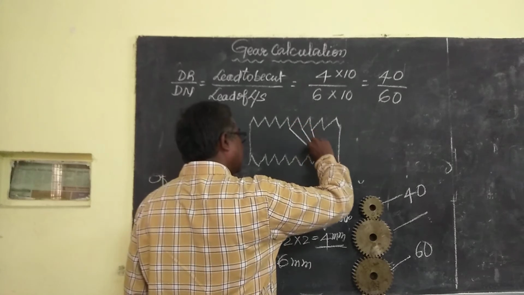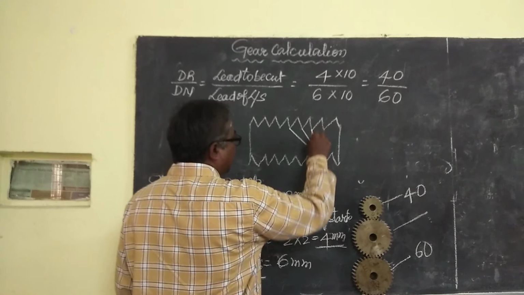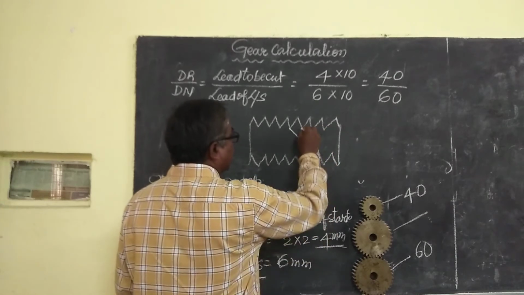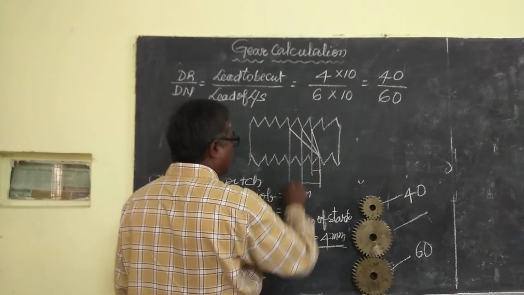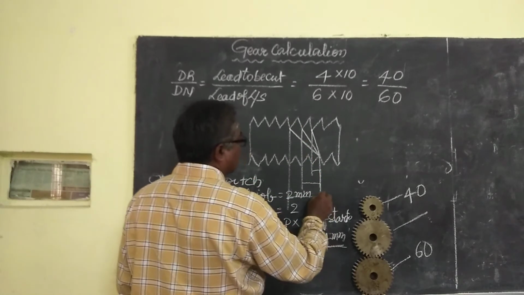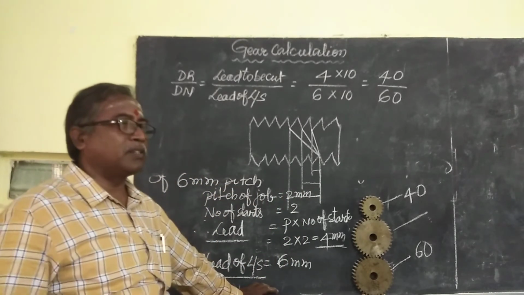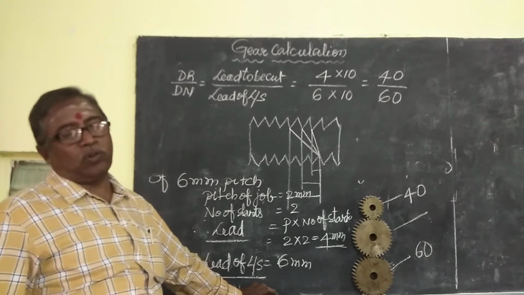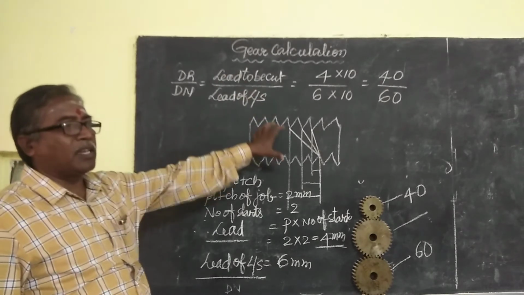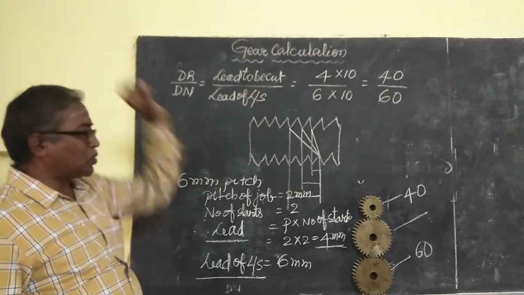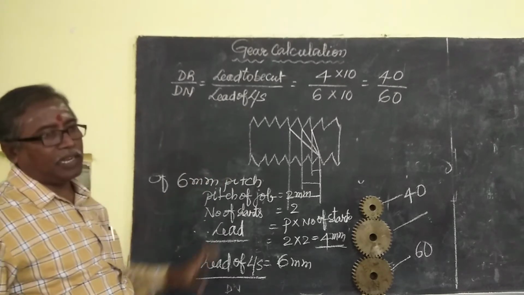Suppose 3 starts, the angle will be increased some more. Single start thread, this much distance you will get. If you go to double start thread, this much distance the nut will move. If you go to triple start, this much distance you get when it makes 1 round, the nut moves over a bolt. For that purpose, to get faster movement and stroke, the multi-start thread is applied.